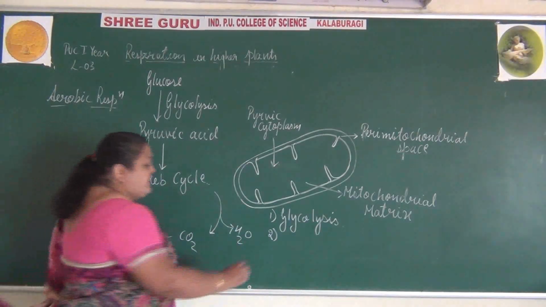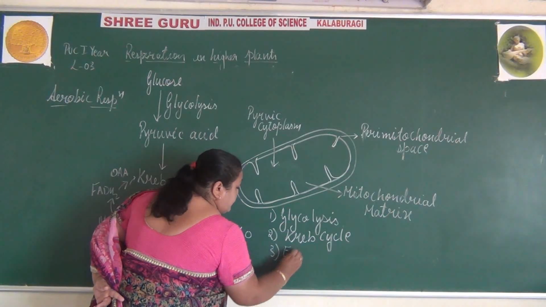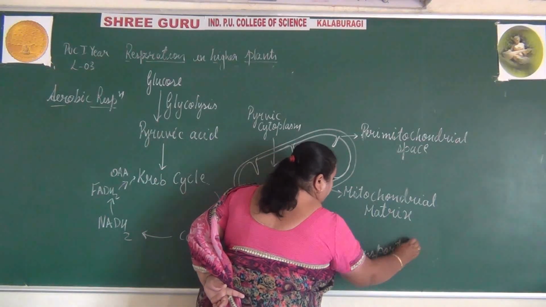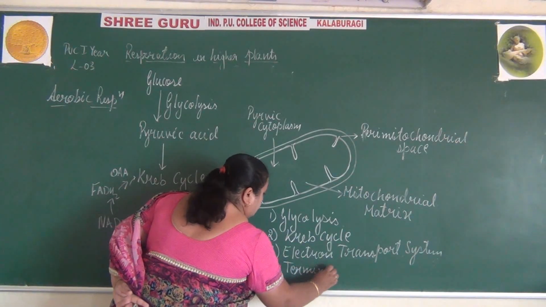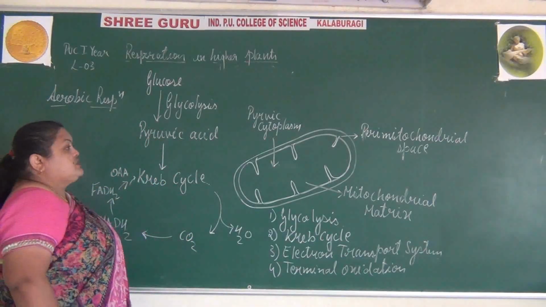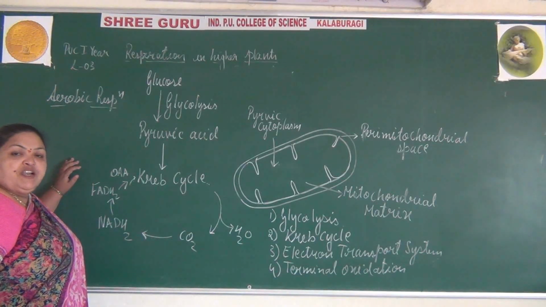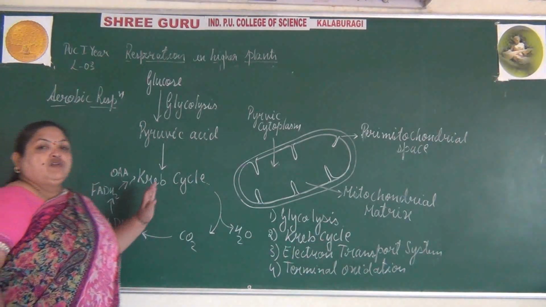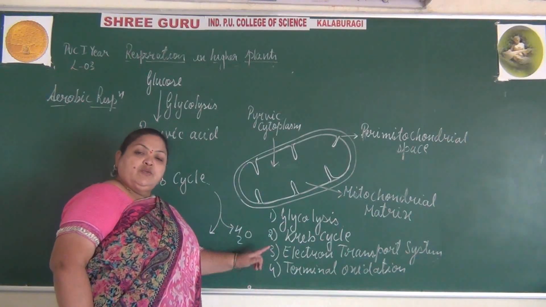So the whole of aerobic respiration is defined as the oxidative breakdown of the food particles or respiratory substrate to release a considerable amount of energy, where it includes the 4 steps: glycolysis, Krebs cycle, electron transport system, and terminal oxidation, which are interlinked with the process.